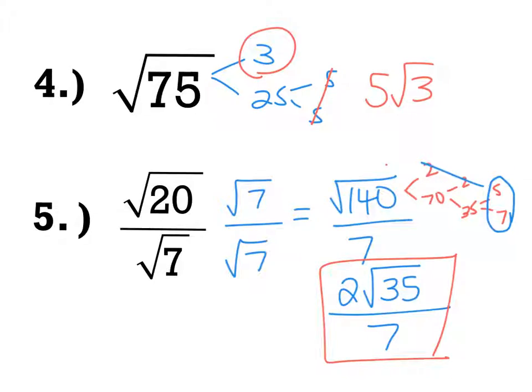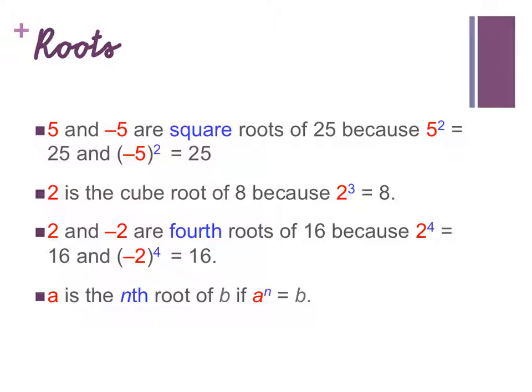The written notes? So some of this vocab and stuff, hopefully you've heard of before, but some of it might be new. So the roots, obviously, we know square roots. A cube root would be 3, a 4th root 4, a 5th root 5 times, okay? So if I ask for the square root of 25, it could either be 5 or it could be negative 5, because if I square those both, I get back to the 25. 2 would be the cube root of 8. 2 and negative 2 are the 4th roots of 16, because if I break 16 down, there are 4 2's.